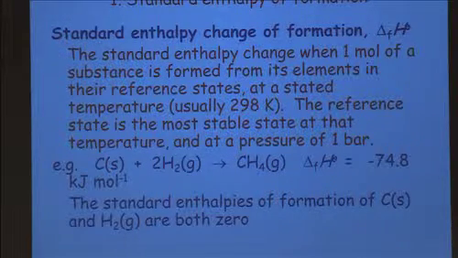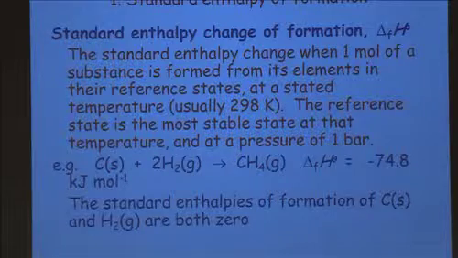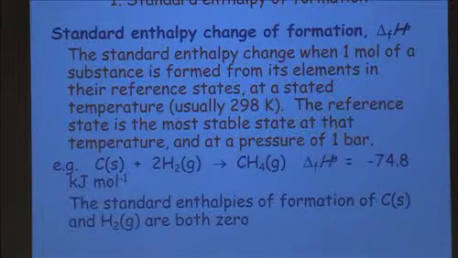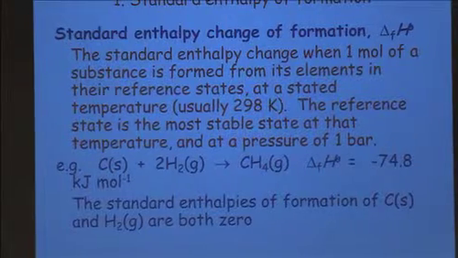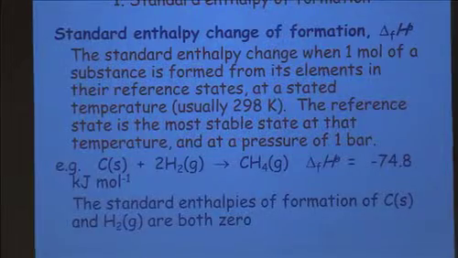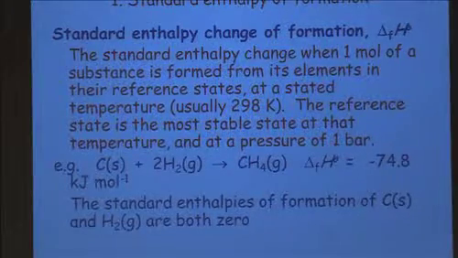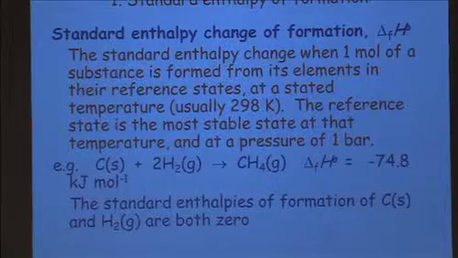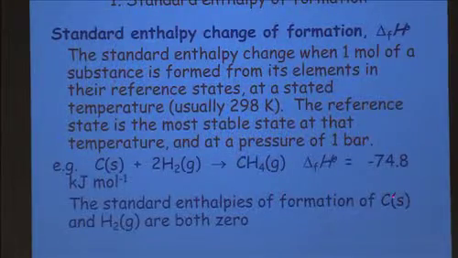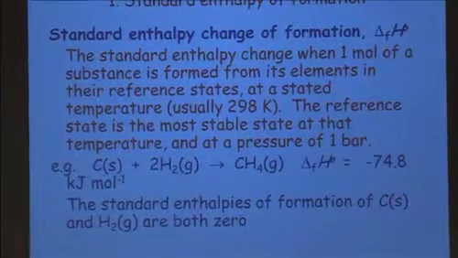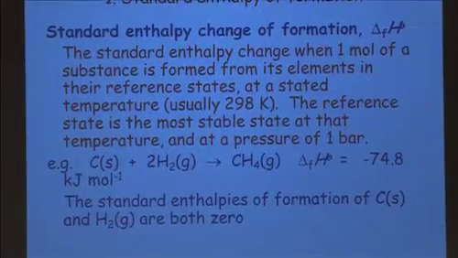And carbon solid here refers to graphite, not to diamond, because that's the more stable form under these reference conditions. Obviously, the standard enthalpies of formation of carbon in its reference state and hydrogen gas are both 0.